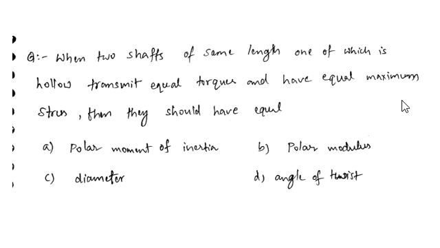One is hollow, and that means you can say the other is solid. The maximum shear stress, tau, is also the same. So then they should have equal what quantity, what parameter is equal in this case, is the question here.